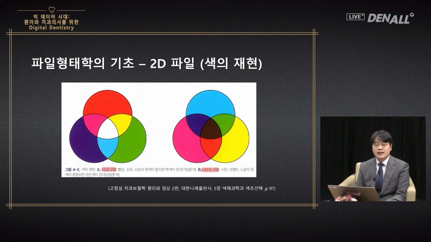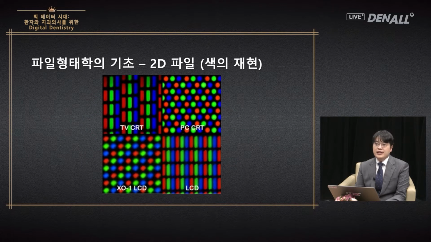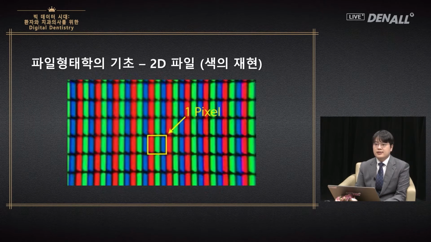RGB model is used a lot by many displays. Cell phone or computer monitors have these patterns. As I explained, this is to represent RGB. A unit of RGB is called a pixel.